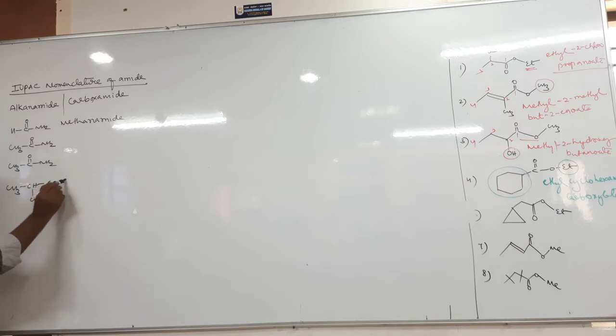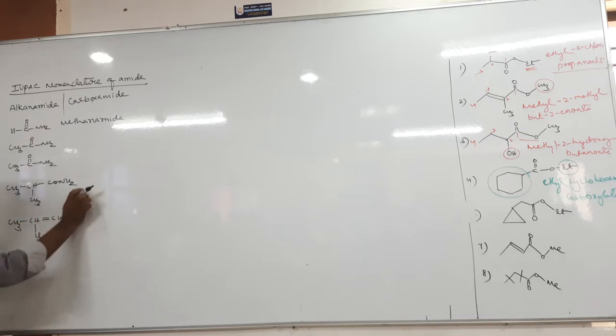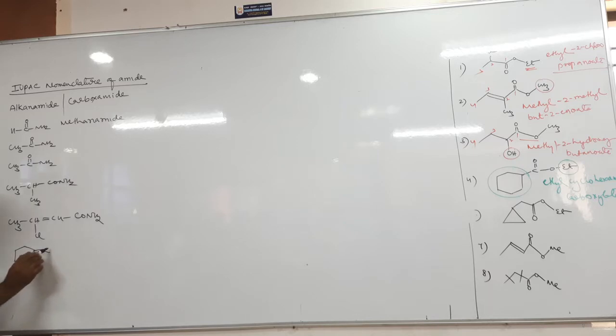If there is a side chain, write down. Write the IUPAC names.